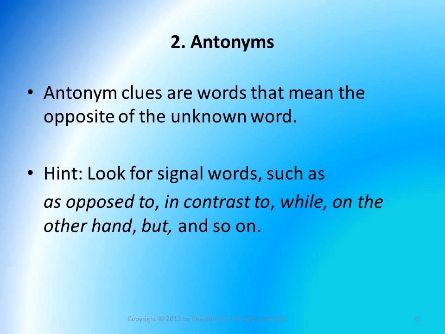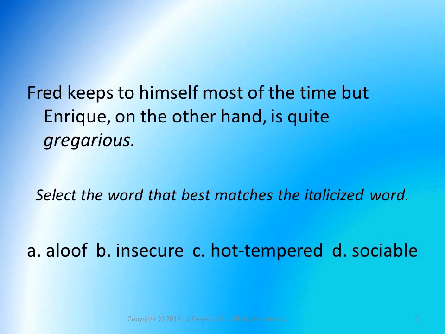In addition, authors may use antonyms in their sentences to help readers identify some higher level vocabulary. In this instance, they may use some signal words like as opposed to, in contrast to, while, on the other hand, but, and so on. So here's an example. Fred keeps to himself most of the time, but Enrique, on the other hand, is quite gregarious.